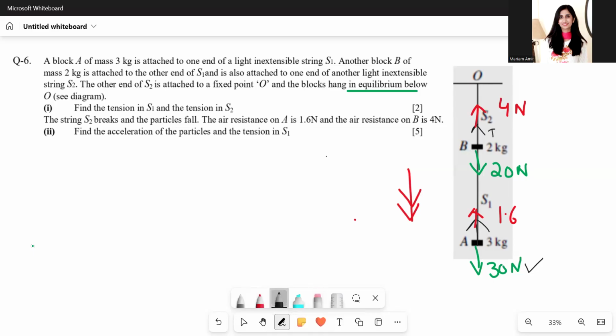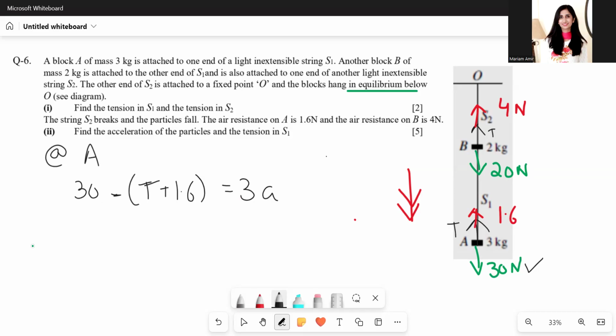Okay, so let's look at object A. At A, there's a forward force, which is the downward force 30 Newtons, minus the two backward forces, the tension in the string and the air resistance 1.6. Forward force minus backward force is equal to MA, so it is equal to 3A.